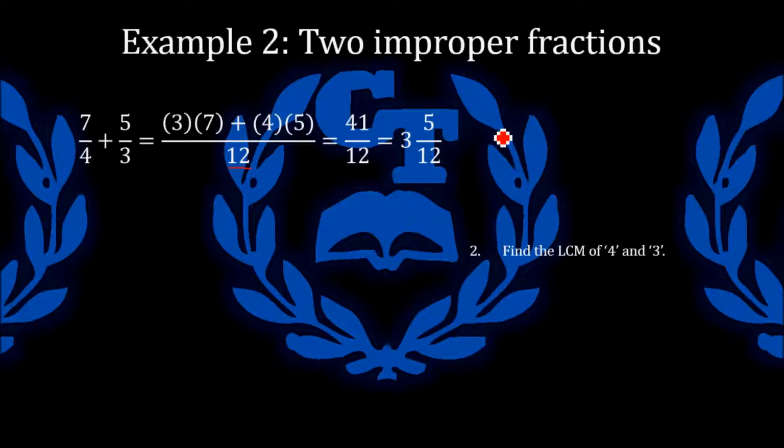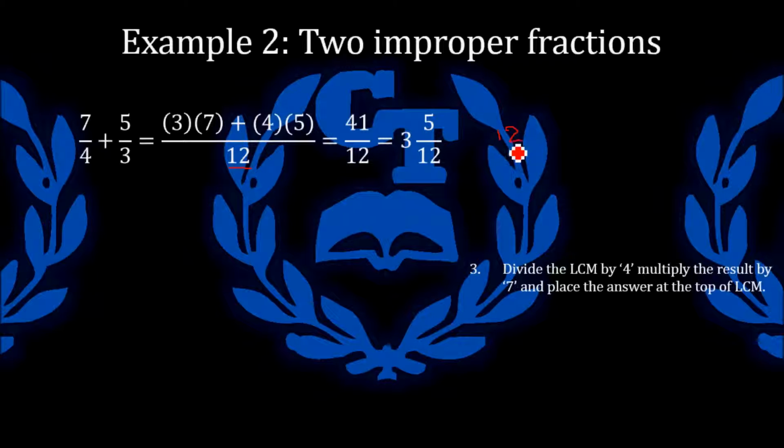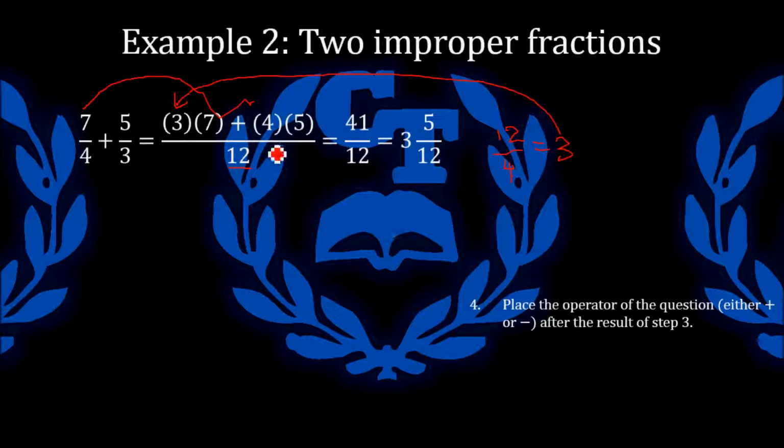Then I take my 12 and I divide it by my 4, and I get 3. I take this result of 3 and multiply it by the numerator of my first fraction. Then after that, I place the operator in between. My operator is a plus sign.